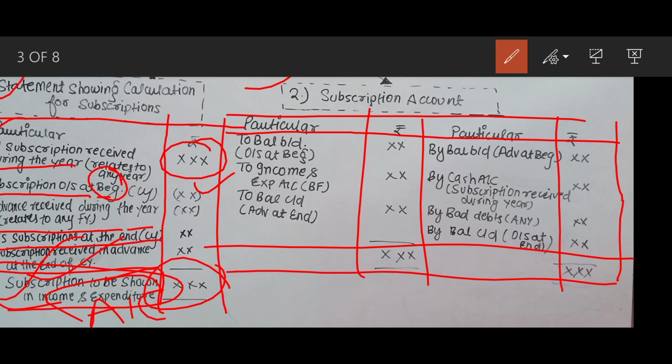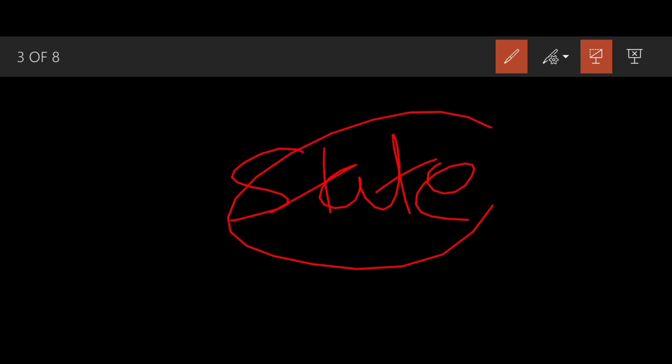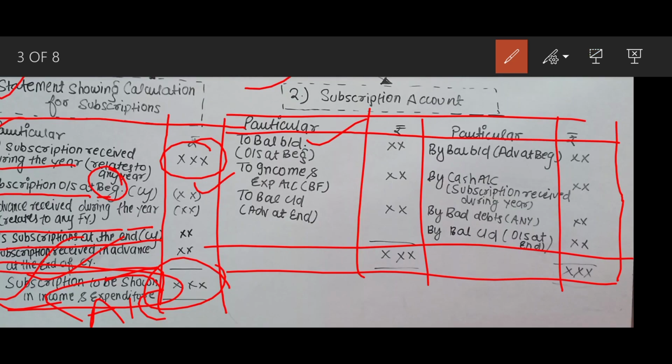So see, firstly you have to write balance BD here. This is also working as a statement, on the same mechanism on which the statement works, but the presentation is different. You can see there are two balance BDs here, and two CDs as well.